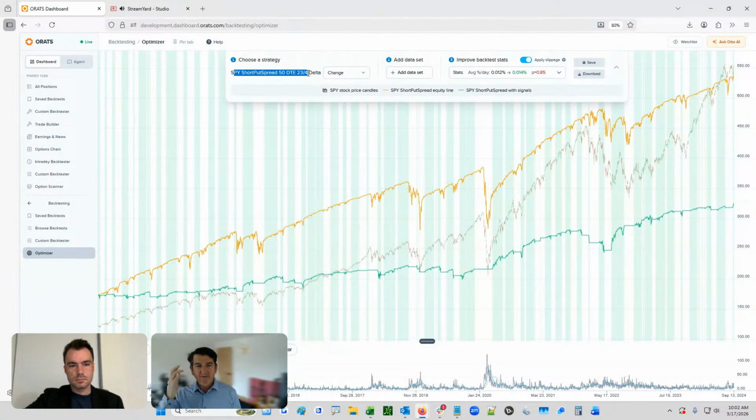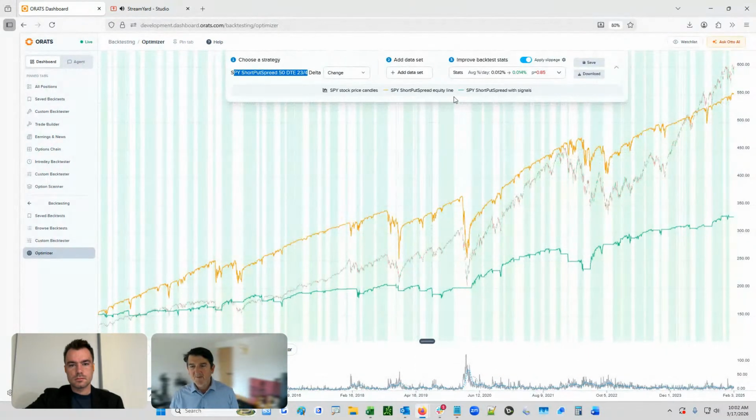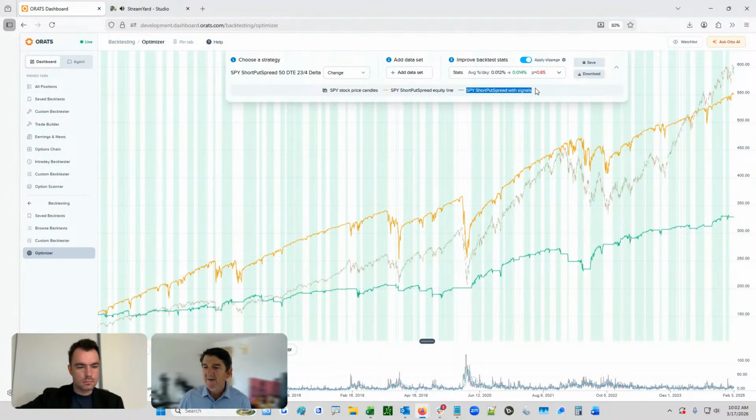It's a strategy that many option sellers might have on, and we could see the profit, and then we have what's called the profit equity line if you only used certain signals. So that's typically how the optimizer works.